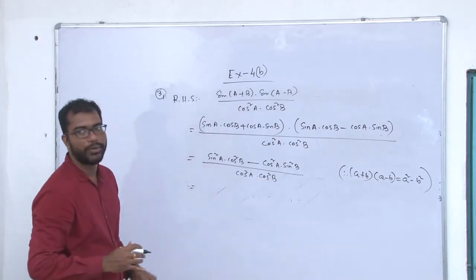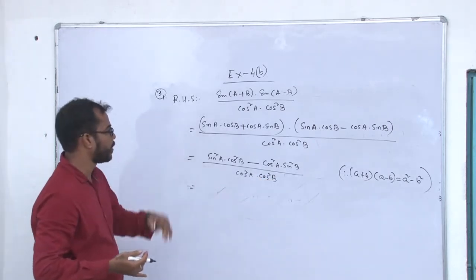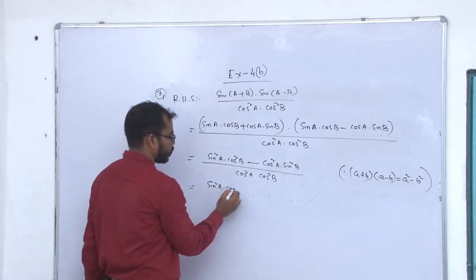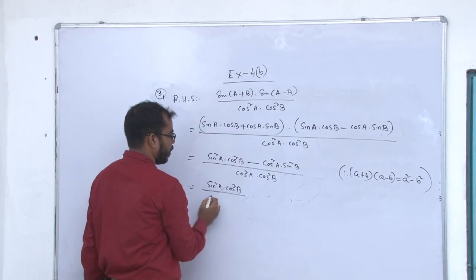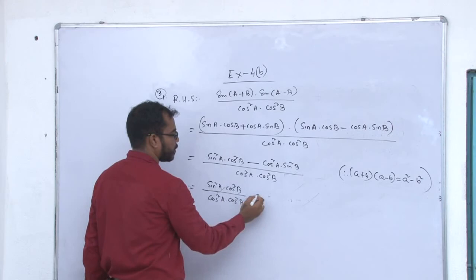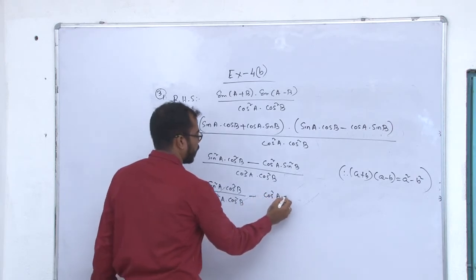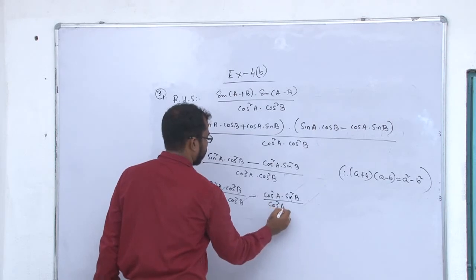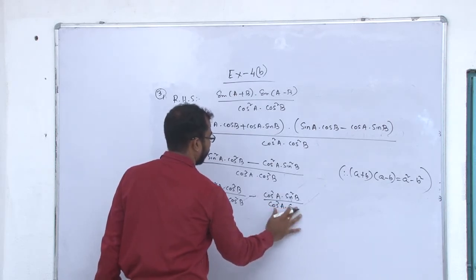Okay, now we can separate both expressions. Then you can write sin square a into cos square b by cos square a into cos square b, minus cos square a into sin square b by cos square a into cos square b.